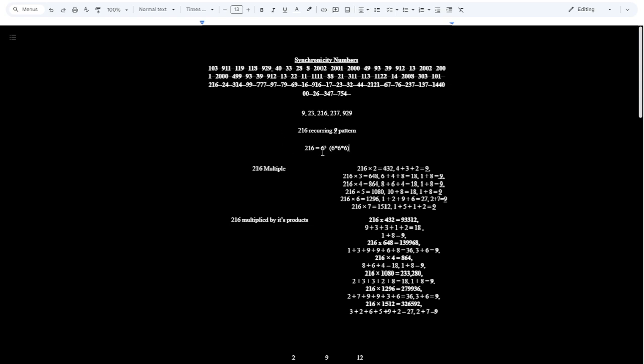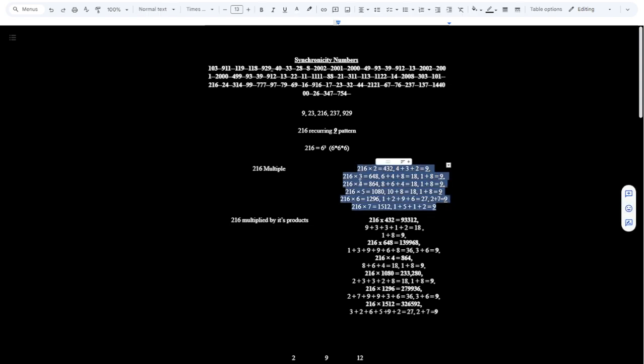Alright, so 216 is 6 cubed, so 3 6s. Right here. We're not going to say it out loud. And if you take this right here, 216 by its multiples, let's say 216 times 2, 432, 4 plus 3 plus 2 equals 9, all of the multiples end up reducing back to 9.